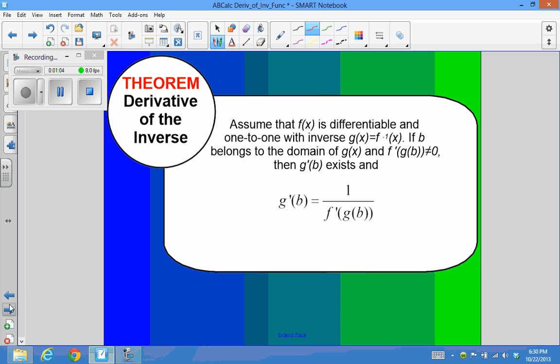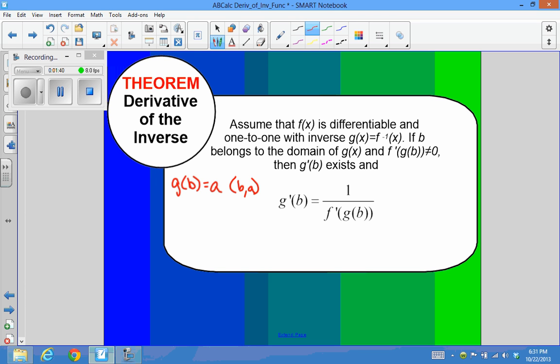Now let's go back and make sure that we understand exactly what's going on here. If b is in the domain of g of x, that means if g of b equals some value, and we'll call it a, then the ordered pair (b, a) lies on the graph of g.